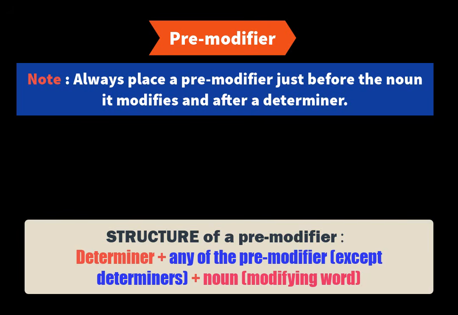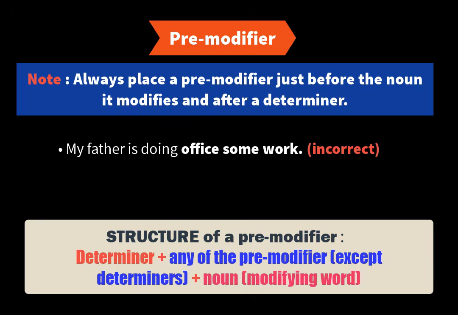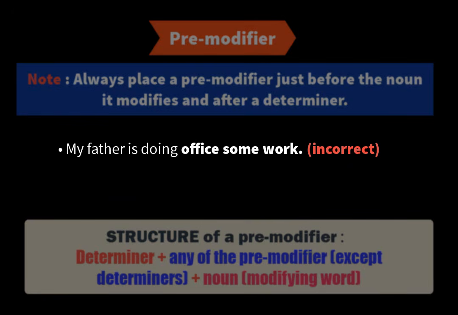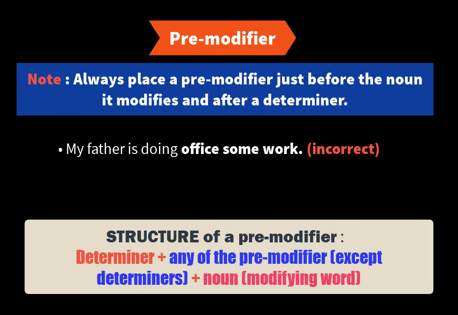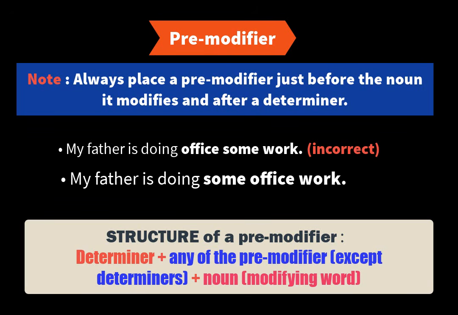So you cannot say, "My father is doing office some work." That's incorrect. First the determiner, some, then the modifier office, then the noun work. My father is doing some office work.